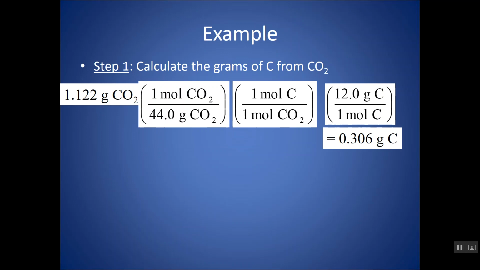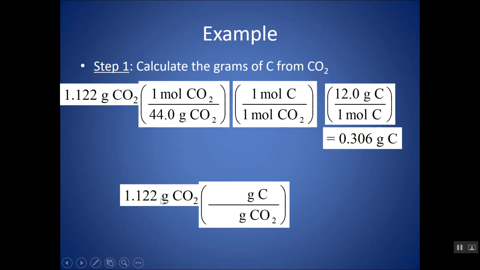Okay, if I'm looking at it from a direct standpoint, if I'm starting with the mass of CO2, I want that in the denominator of my conversion factor, and I want to end with the mass of just carbon. I want that in the numerator. Oh, hey, look, this is mass of part over mass of whole. This is just using percent by mass as a conversion factor.